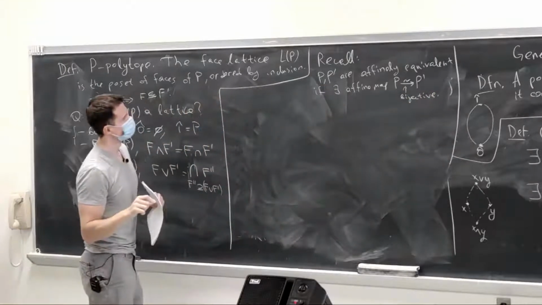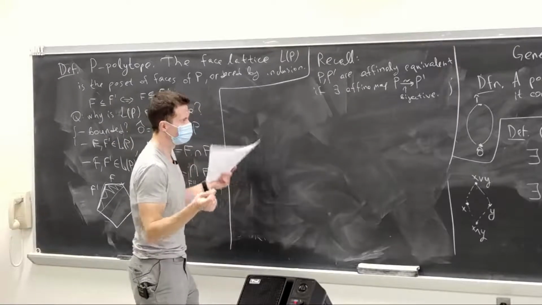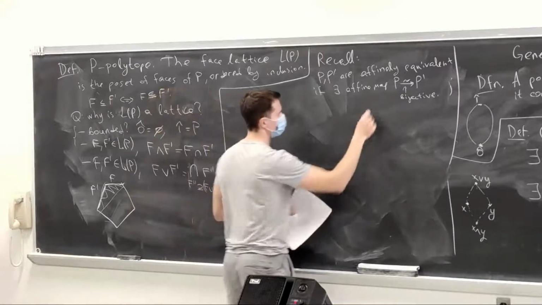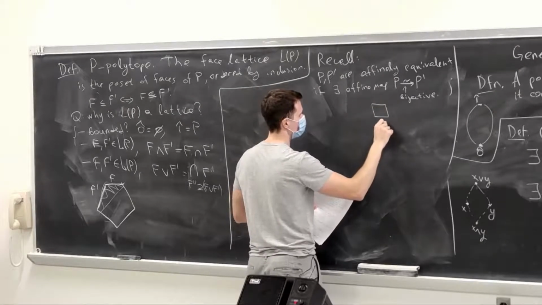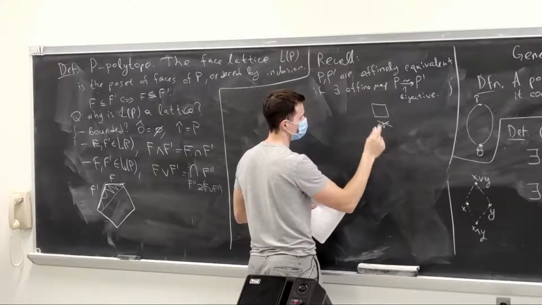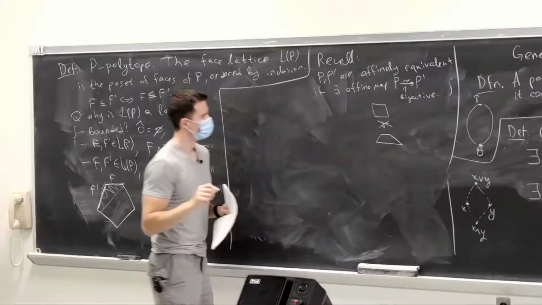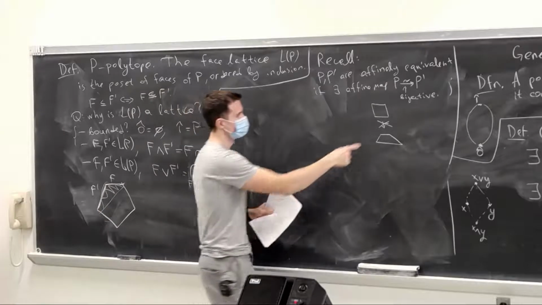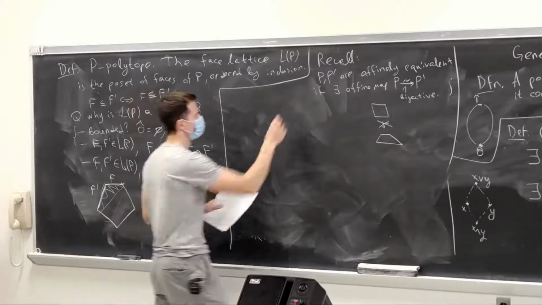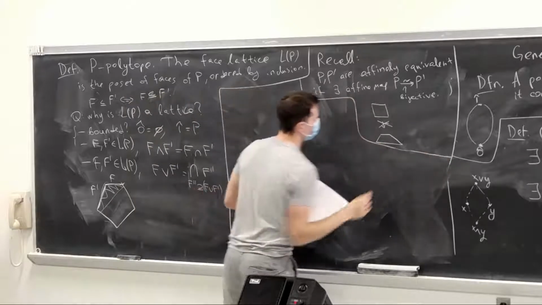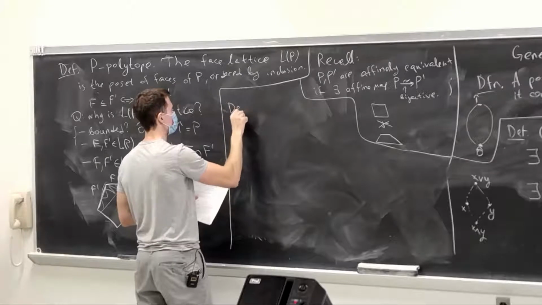It turns out that this notion is a bit too restrictive for us combinatorialists. For example, a regular square is not affinely equivalent to some trapezoid, but it has the same combinatorics of all faces. So sometimes we like to talk about two polytopes being equivalent if they have the same combinatorics.